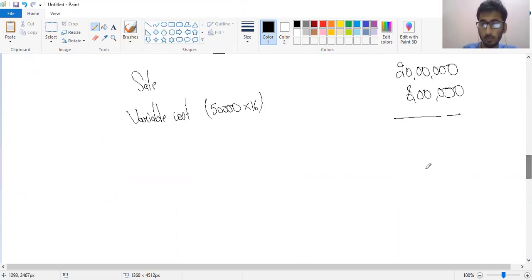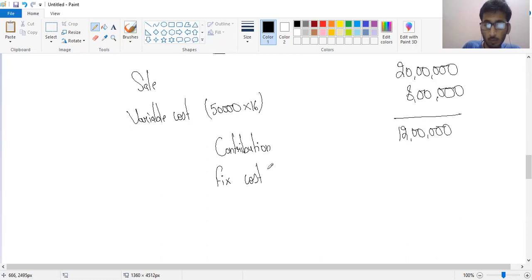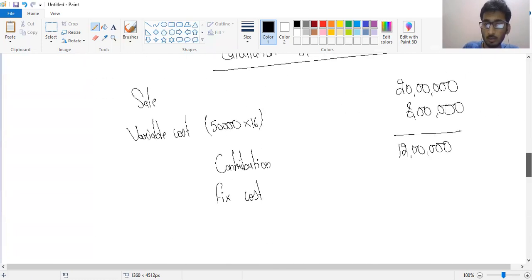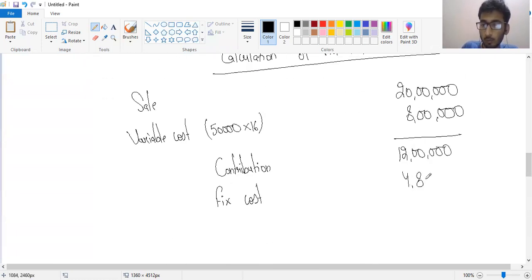So contribution would be 12 lakh. Okay, so we have calculated contribution. Now fixed cost. What is fixed cost? Fixed cost given is 4,80,000. Yes. So it is 4,80,000.